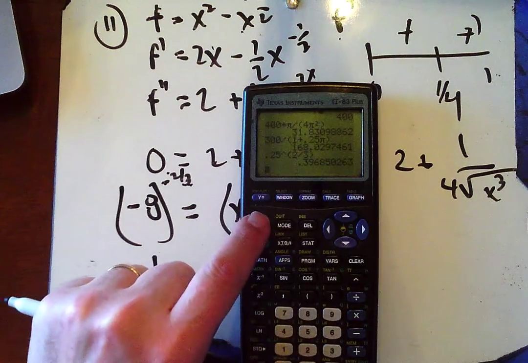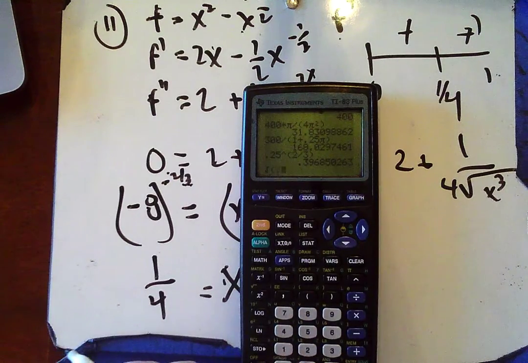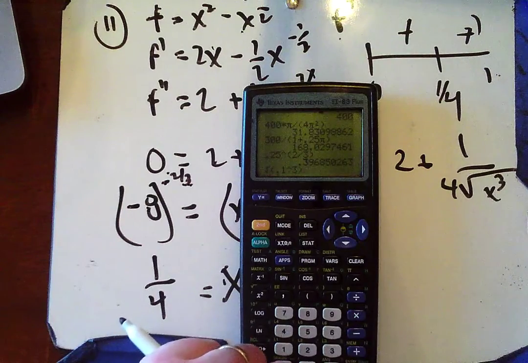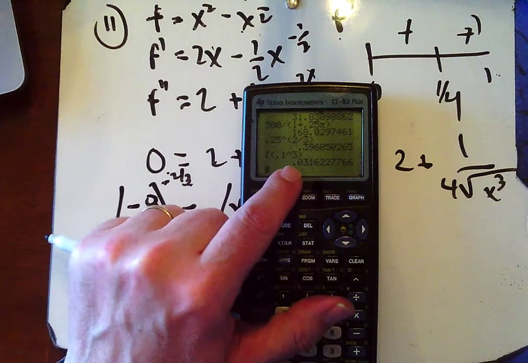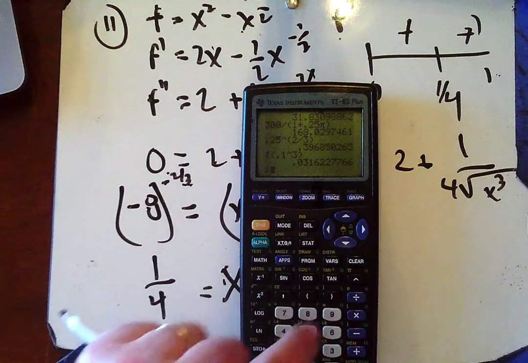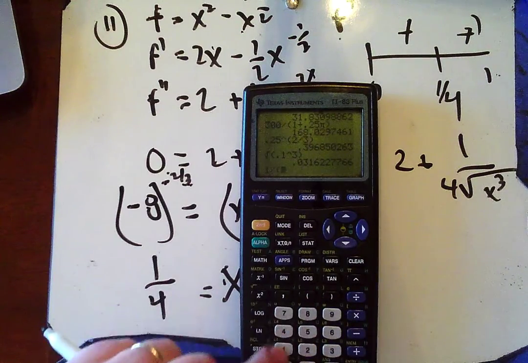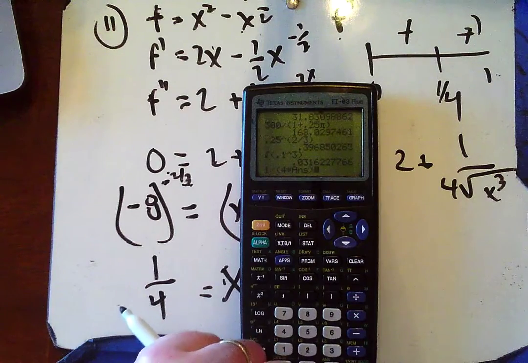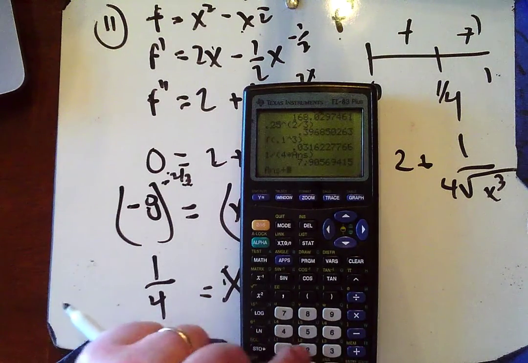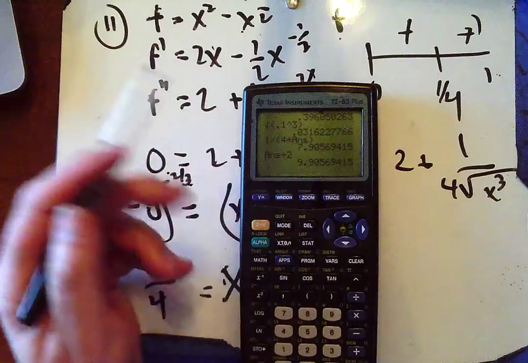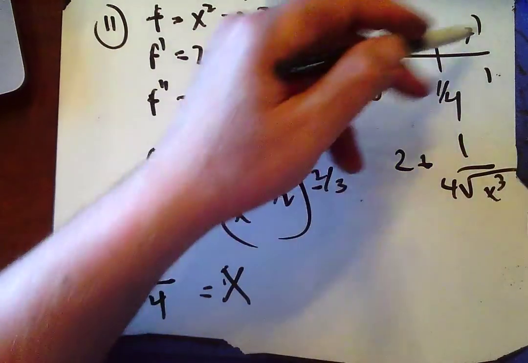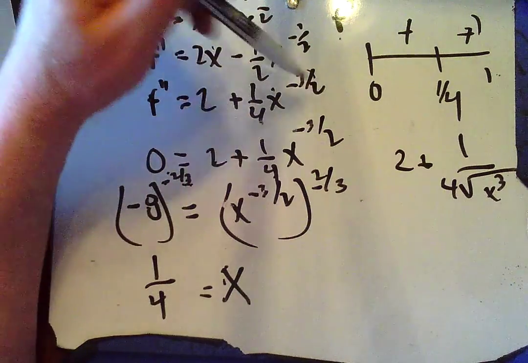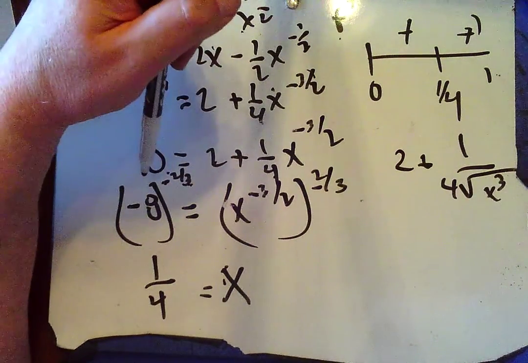So, square root of 0.1 raised to the third power, and that gives me this, and I want 1 divided by, parentheses, 4 times that last answer, and I want to add 2 to that. Well, I get the positive. Yeah, it's just like I said here, positive, positive. It kind of makes me wonder if I really do have that sign change there or not.